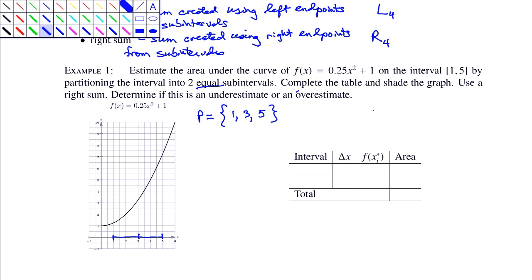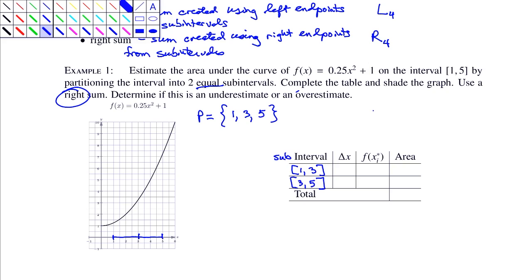The intervals will be the interval from 1 to 3 and the interval from 3 to 5. And technically these are subintervals. We want to use a right sum.